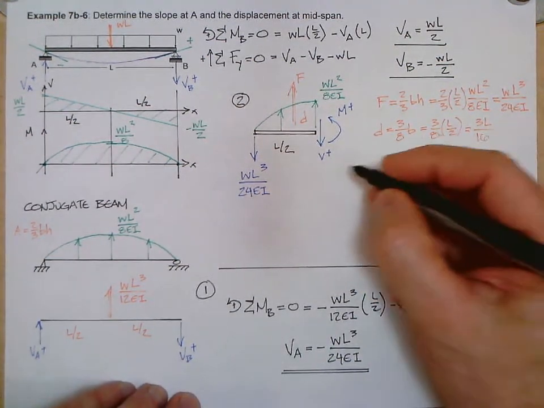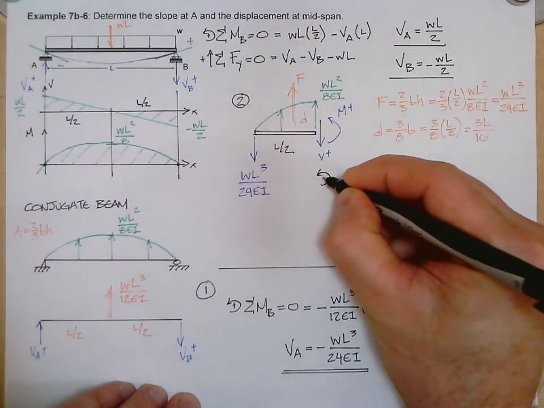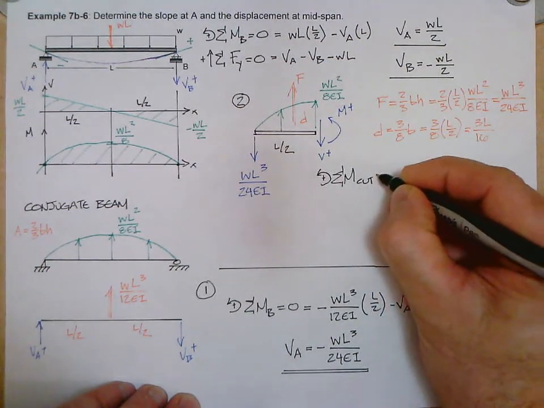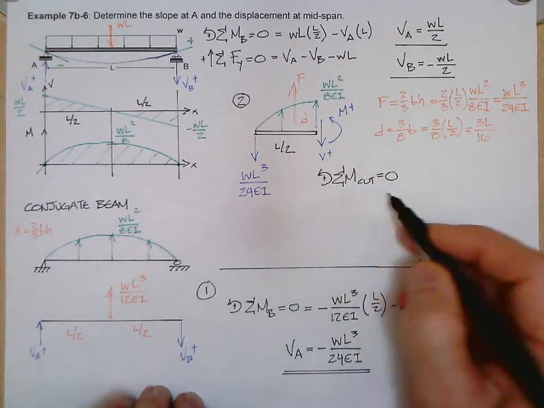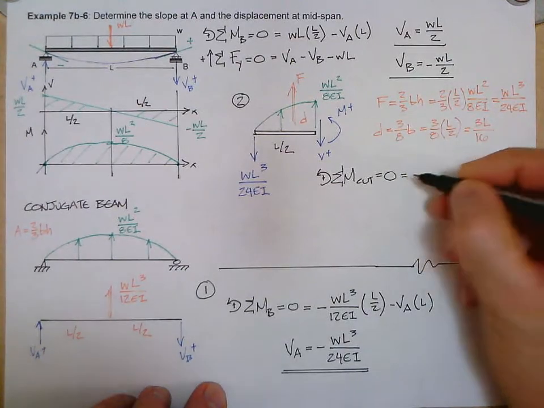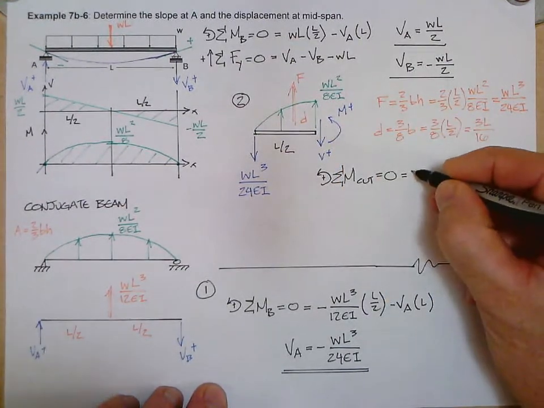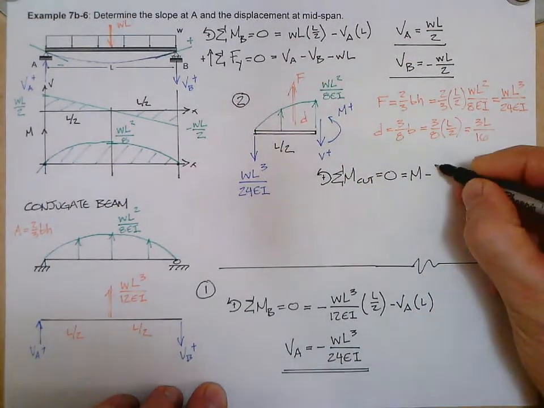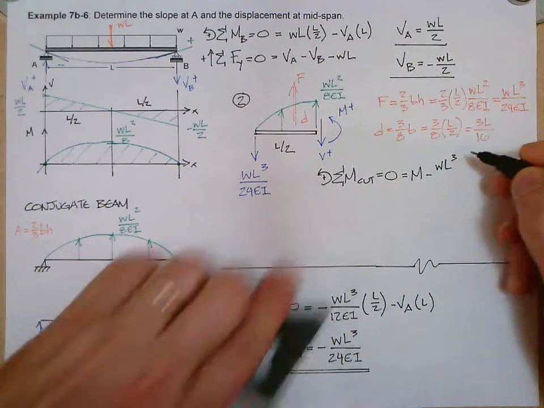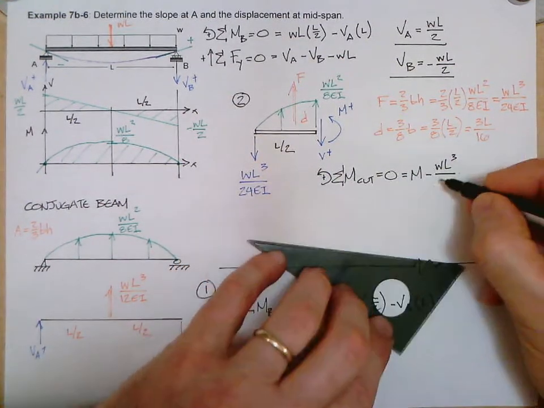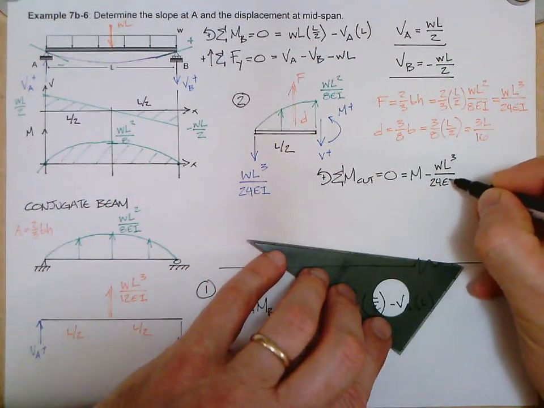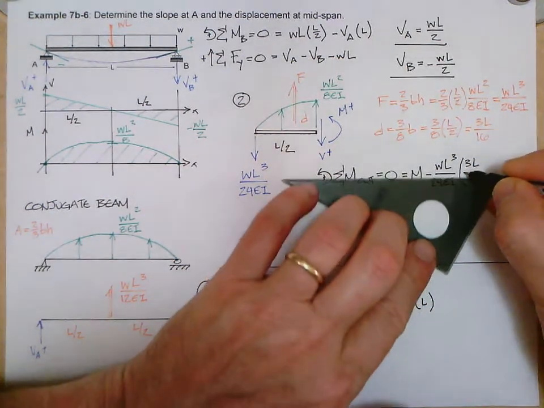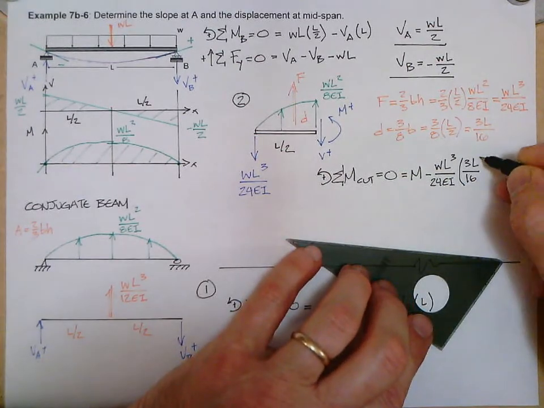So now I'm going to sum moments at my cut shape. Make sure it's in equilibrium. And let's see what I've got here. So I've got my moment M, right-hand rule. My force is going to create negative moment. The force is going to be WL cubed over 24EI times the distance of 3L over 16.